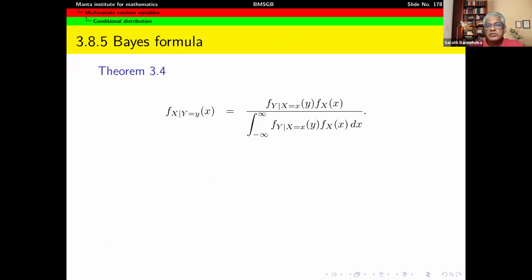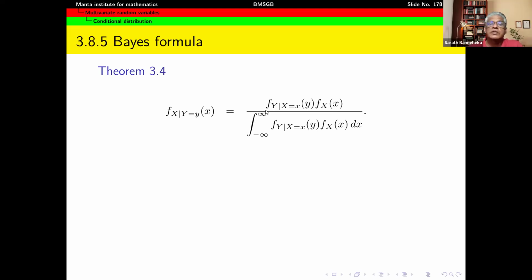Now we go to the next item, that is the Bayes formula for random variables. Here I'm considering again the continuous case only. You can find out the formula for the discrete case very easily, an analogous one, right? So here, suppose we know the conditional distribution of y given x, and also we know the marginal density of x.